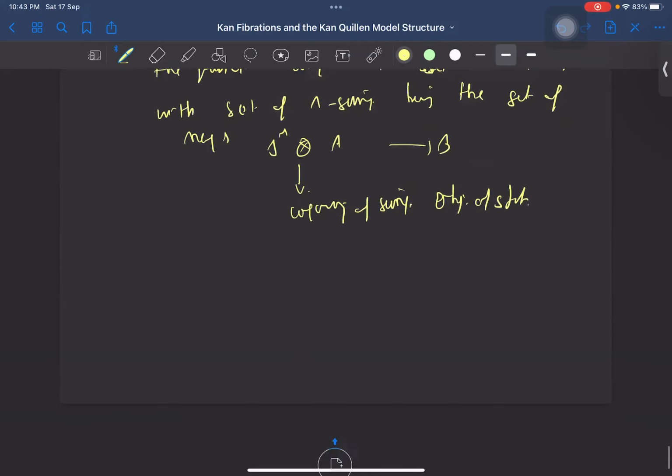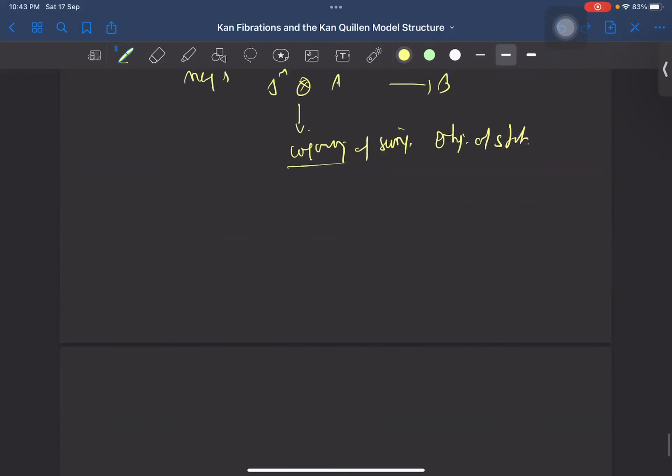Should I define a co-powering? Let me just give a quick one. There's no harm in that.